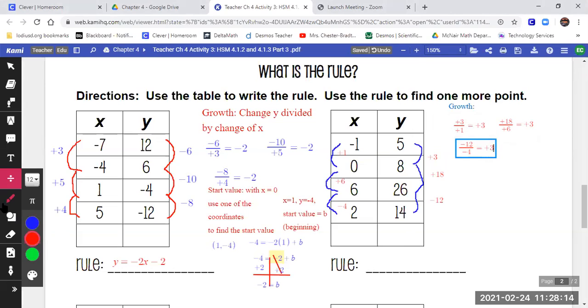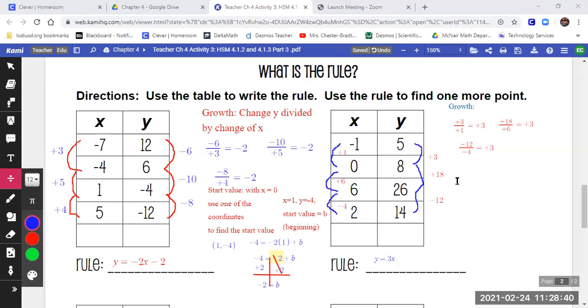So we could start our rule. Y equals 3x. We've got that so far. Now we have to go find start value. Where is the start value if we're lucky? Where do we find start value?